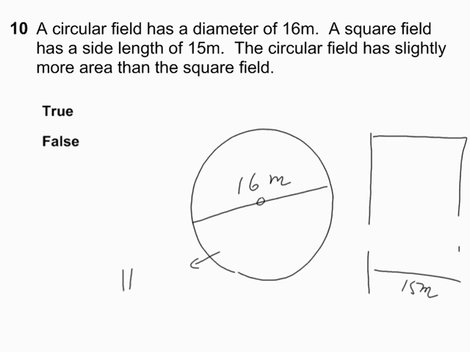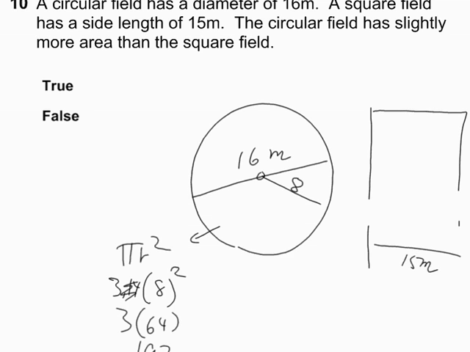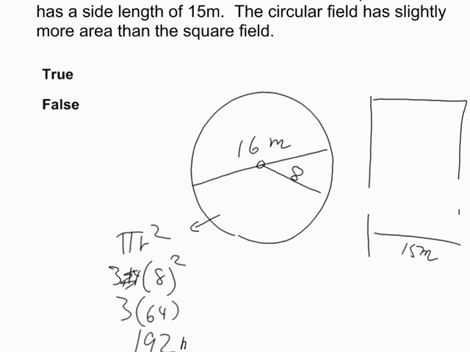Well, for area, we're going to use pi times the radius squared, or 3.14 multiplied by the radius. If the diameter is 16, then the radius is 8 squared, or I'm just going to put 3 times 64, because I'm going to estimate it. 3 times 64 is 192 approximately meters squared of area.